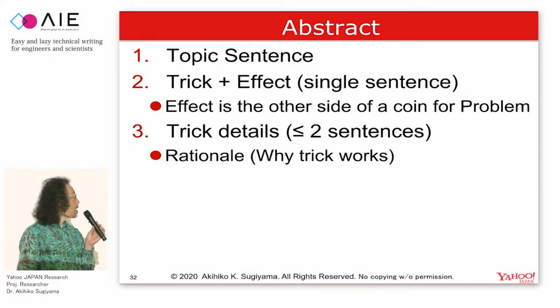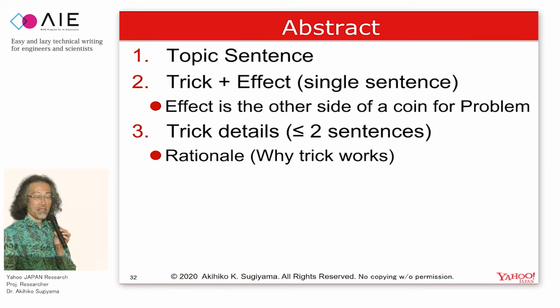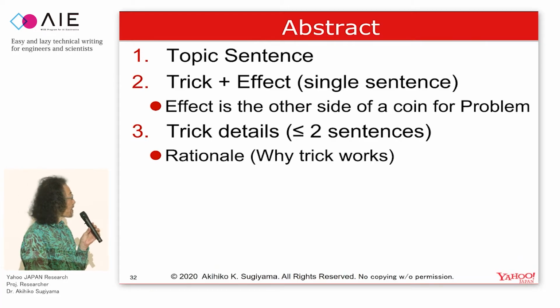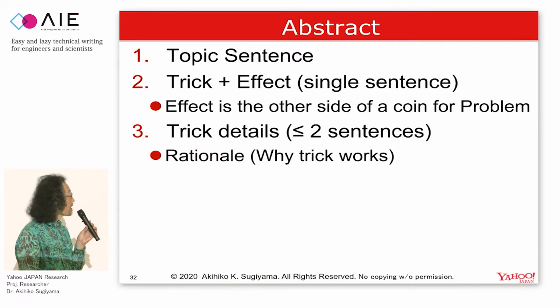And then after this, trick details, because here in a single sentence you cannot tell the details of the trick. You may simply put the name of your trick, but you would like to tell the details, and it's necessary. So trick details can be expressed here in equal to or fewer than 2 sentences so that it would not be too long.